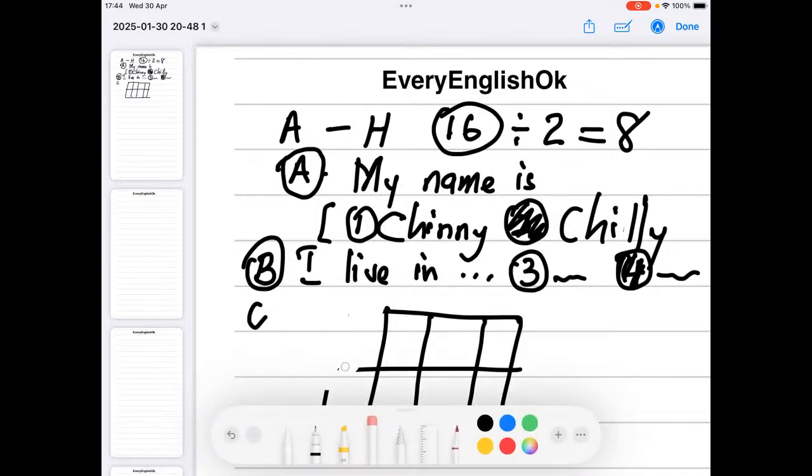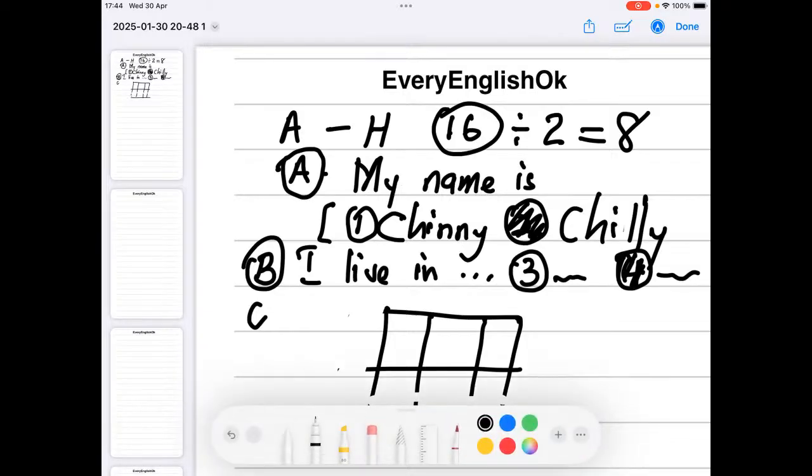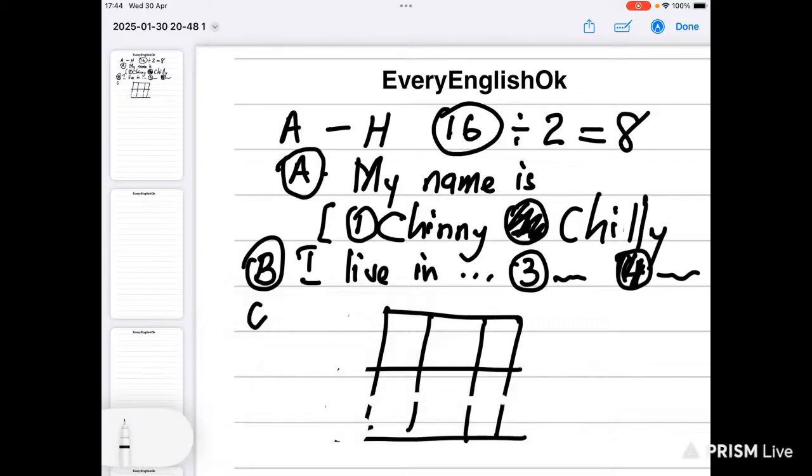Let me rectify that. There's a 3 by 3 bingo, and here is free.